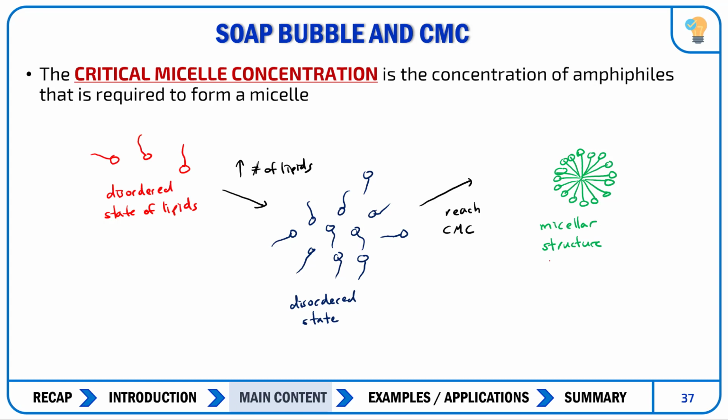And then if you have more and more lipids, there are two things that can happen. Number one, you can form the same micellar structure with additional disordered lipids floating around. Or if you have enough amphiphiles floating around, it might form a secondary micellar structure. So the critical micelle concentration would simply be the minimum number of amphiphiles that will create one of these micelles.